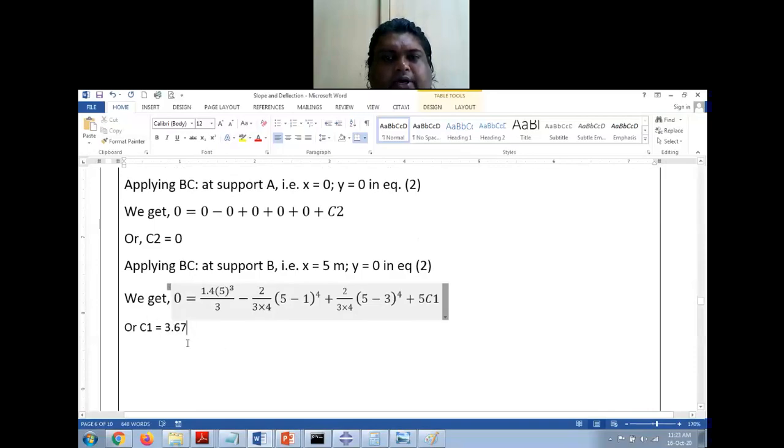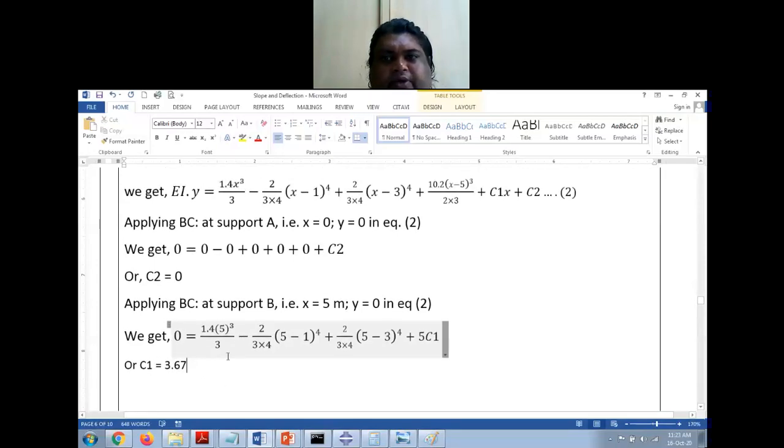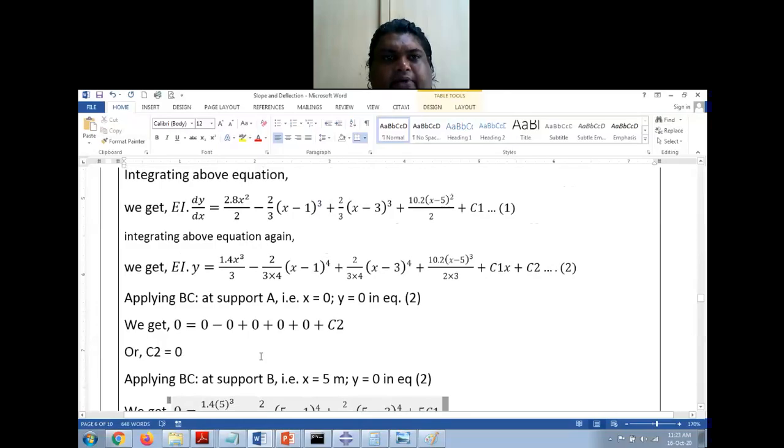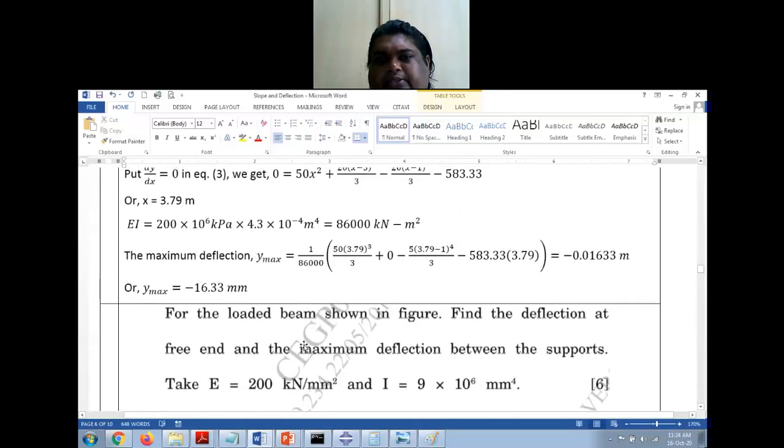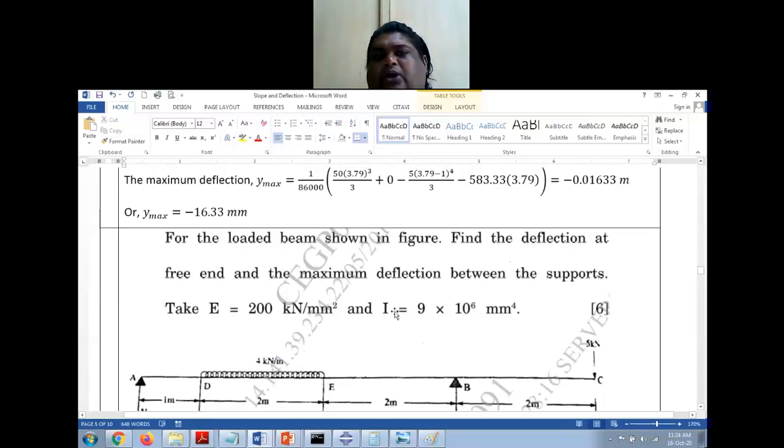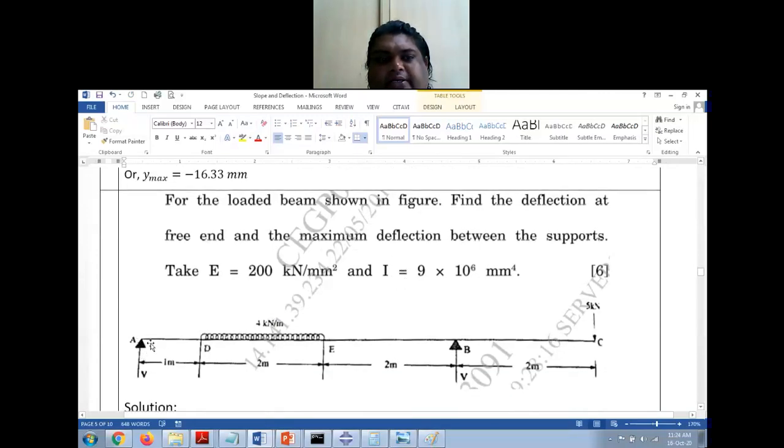Okay, so I got C1 and C2 value. Now I can find the equations. Now see, in the question he has not asked deflection, he has not asked the slope, right? He has asked to calculate only deflection at support A, B, the maximum deflection between support A and B and at point C, right?